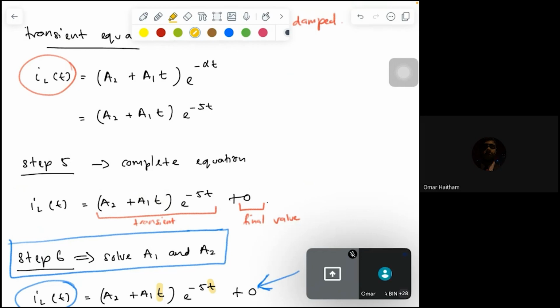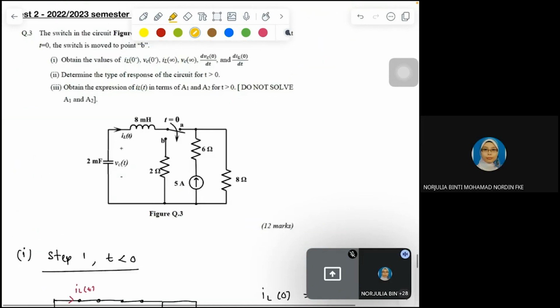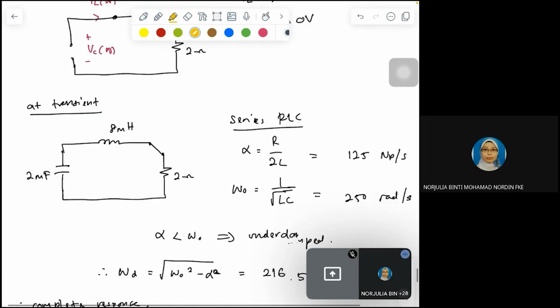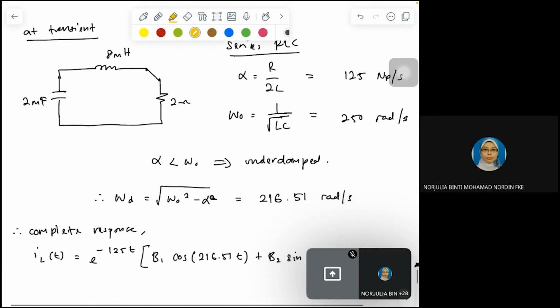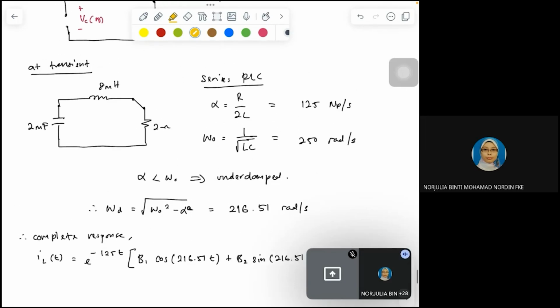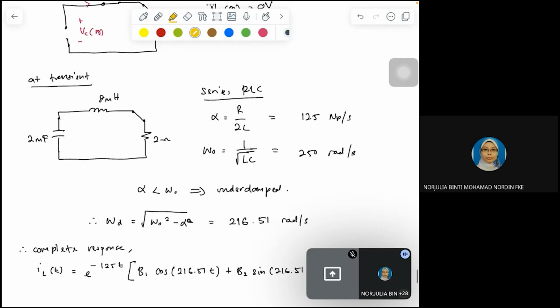Yes. Okay, so for underdamped, this is the example. As you can see for underdamped, your roots are complex numbers, so you just need to leave the roots there.